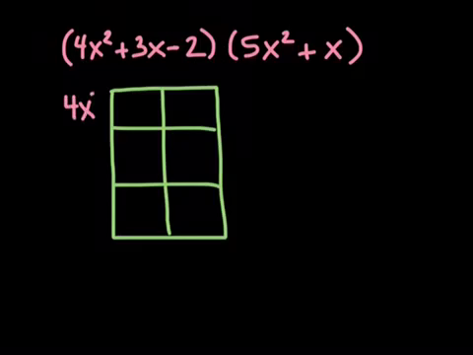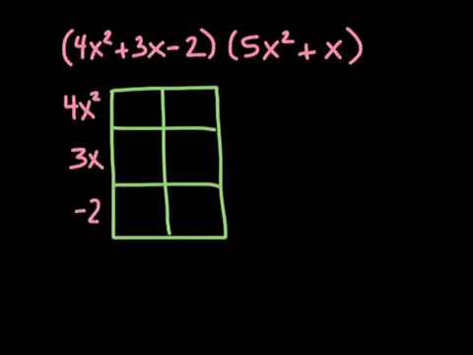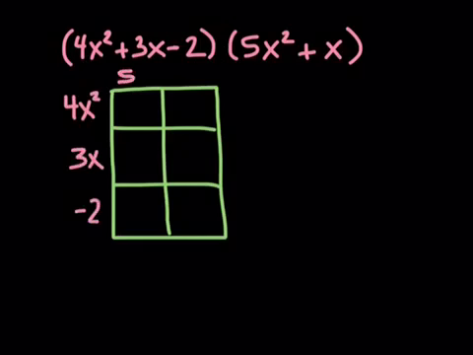So 4x squared, positive 3x, and negative 2. And up in the top, 5x squared and plus x. Now again, we're going to multiply this by this and write it here. We're going to multiply this by this and write it here, and so on and so forth to fill in our array.